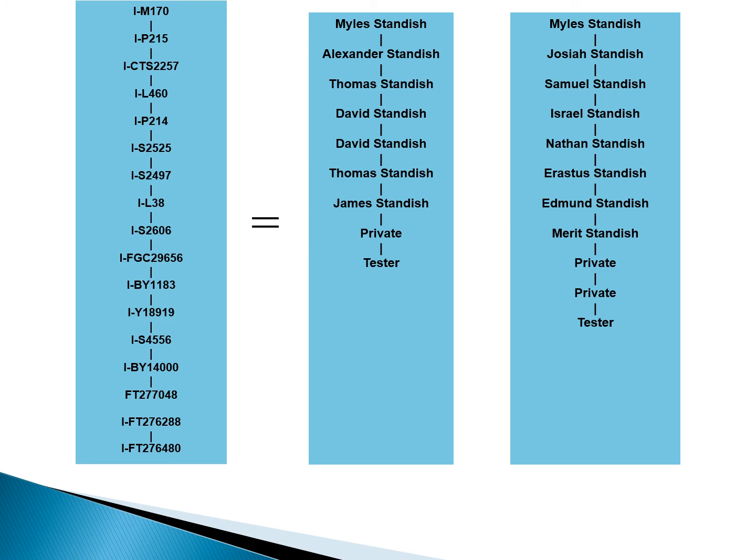When you move back beyond Miles Standish, the people in these haplogroups actually are people in your line, and they just don't have surnames.